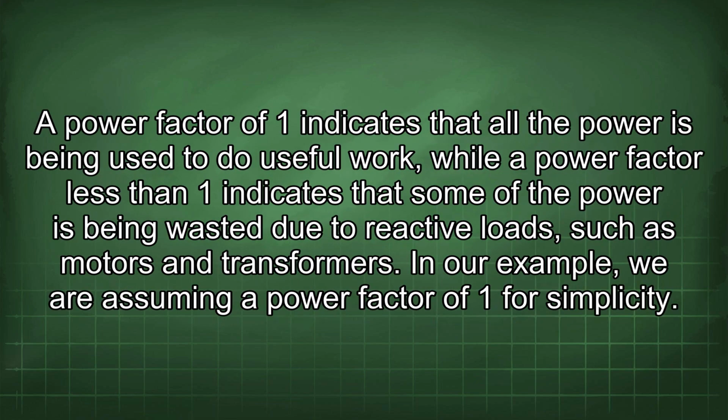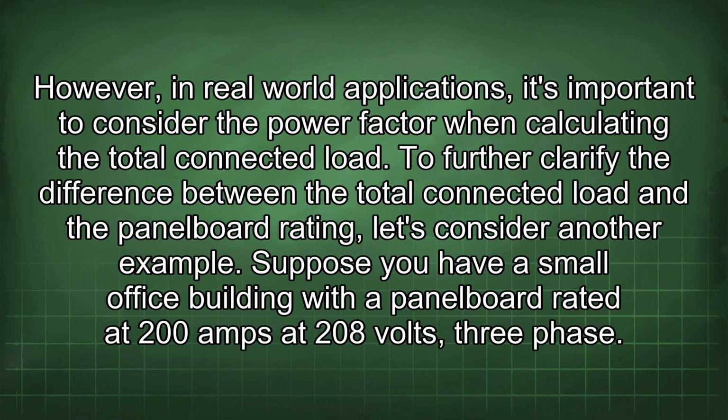A power factor of 1 indicates that all the power is being used to do useful work, while a power factor less than 1 indicates that some of the power is being wasted due to reactive loads such as motors and transformers. In our example, we are assuming a power factor of 1 for simplicity. However, in real-world applications, it's important to consider the power factor when calculating the total connected load.